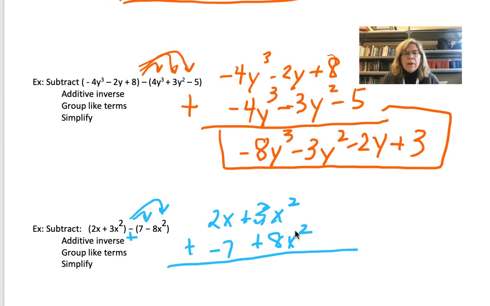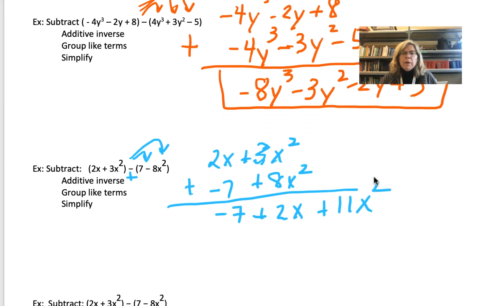And then I have minus 7 plus 2x plus 11x squared. But I want to put this in standard form. I want to put this from the highest exponent to the lowest. So I'll say, okay, it's 11x squared plus 2x minus 7.